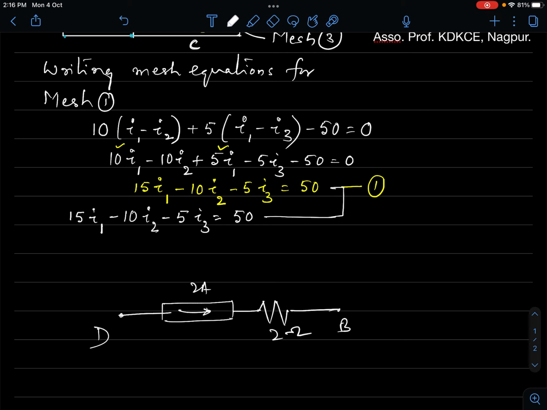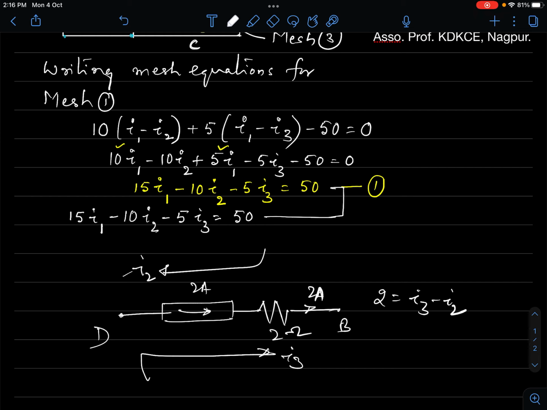Now, in terms of mesh currents, this is my current I2, and the current I3 is flowing this way. The 2 ampere is in the direction of I3. So, obviously, your 2 ampere should be equal to I3 minus I2. The two currents are in opposite direction, so the net current is the difference between the two currents, with the direction same as the higher current. That is I3 minus I2.